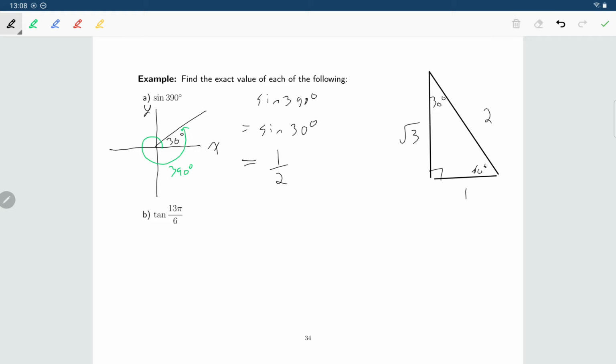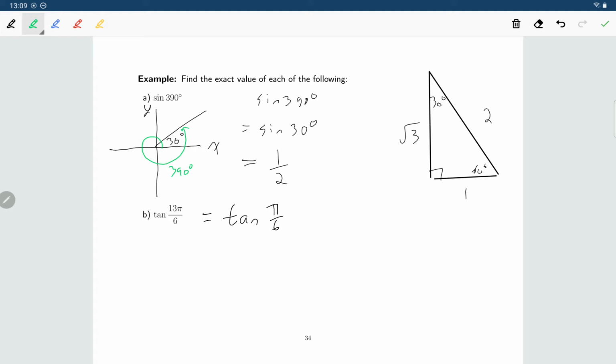And so we also know then that tangent of 390 degrees, or 13 pi over 6, is coterminal to 30 degrees, or pi over 6. So there we go. Tangent of 390 degrees is equivalent to tangent of 30 degrees.